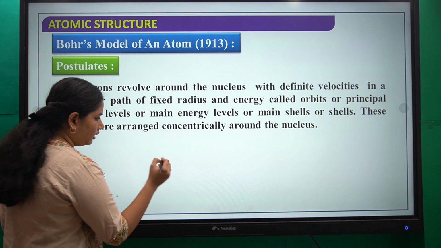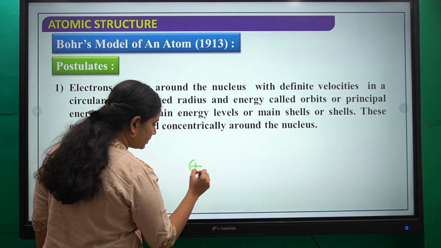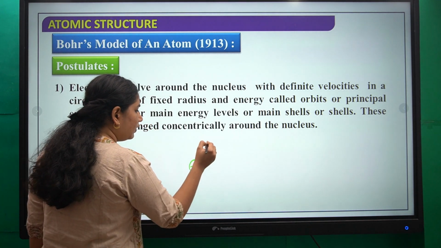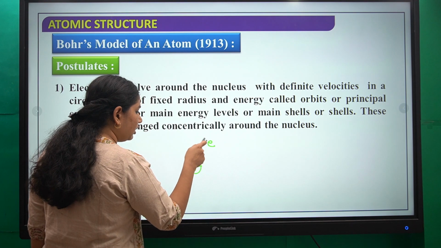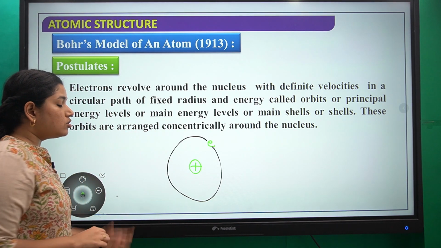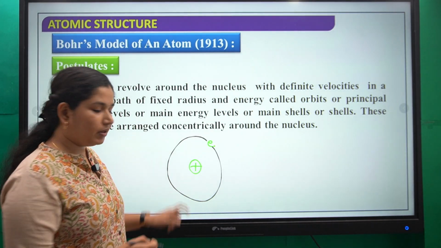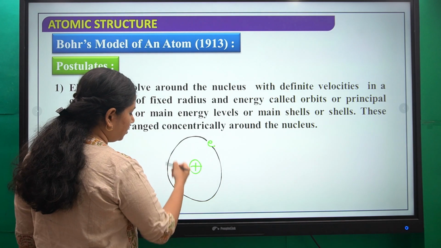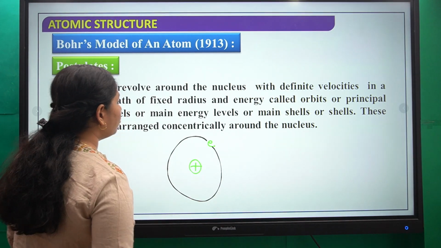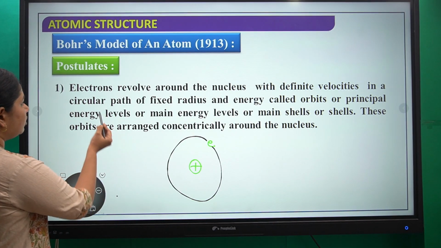According to Rutherford, if this is the nucleus present in the middle, the electrons will be revolving around the nucleus in a circular orbit. Bohr said yes, the nucleus will be present in the middle of the atom and electrons will be revolving in a circular motion, which is called an orbit.